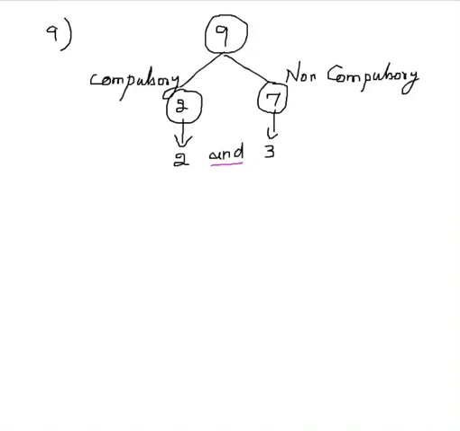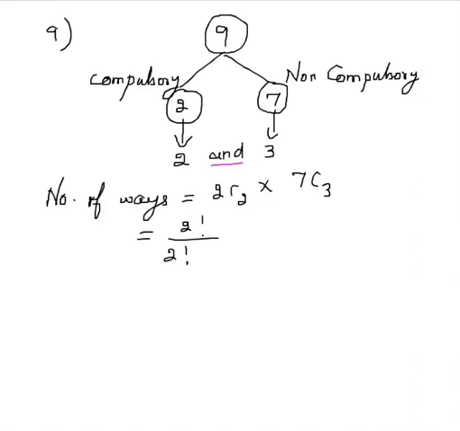Therefore, number of ways. This is also only a selection question, a combination question. 2C2 and so multiply 7C3. 2C2 is 1. See, 2 factorial divided by 2 factorial becomes 1.